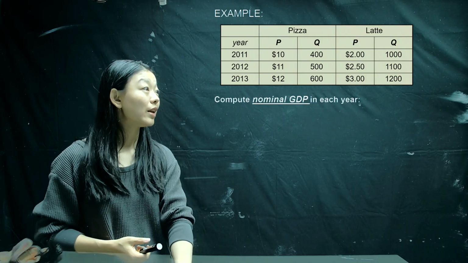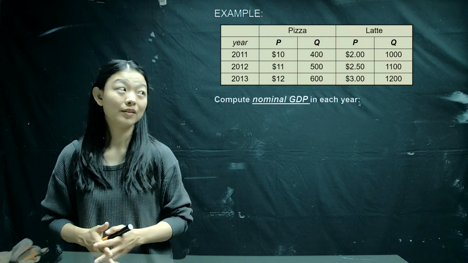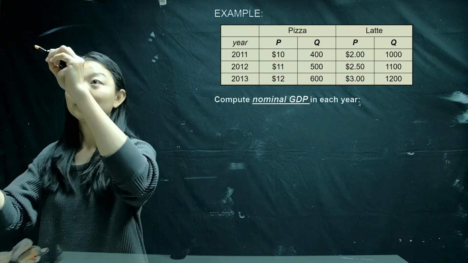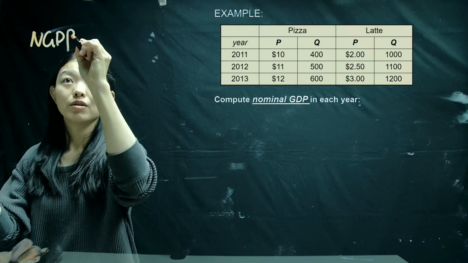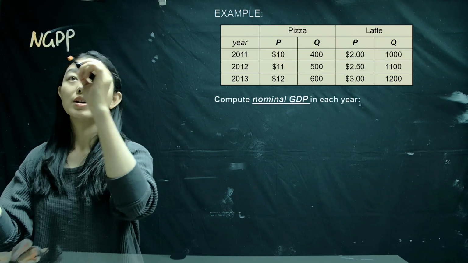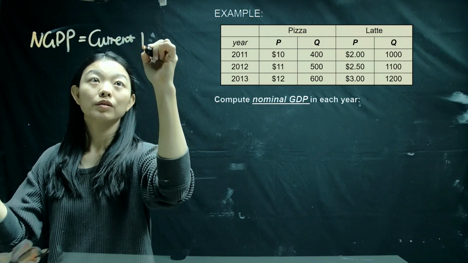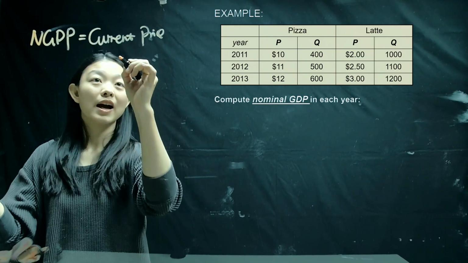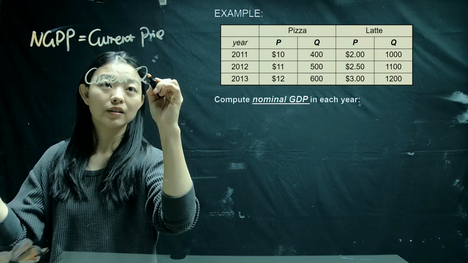The first task: please compute the nominal GDP in each year. Nominal GDP, I will abbreviate as NGDP. So nominal GDP will just use the current price times the current quantity.